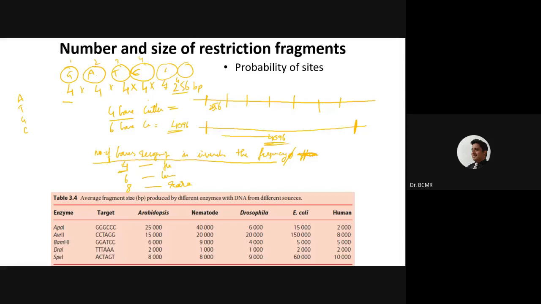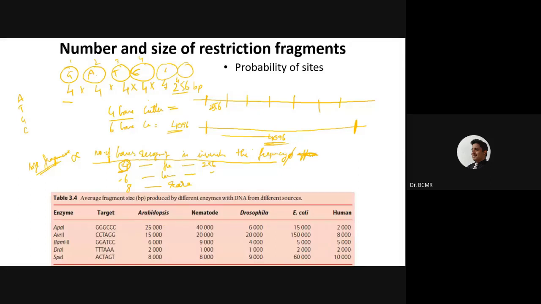If the number of bases is small, then the fragment size is also smaller. If it is large, the fragment size is large, so it is directly proportional. Number of bases recognized is directly proportional to the size of the fragment. It's just a way of trying to remember things.